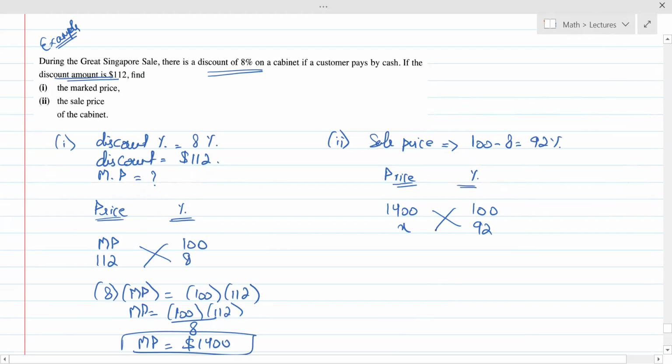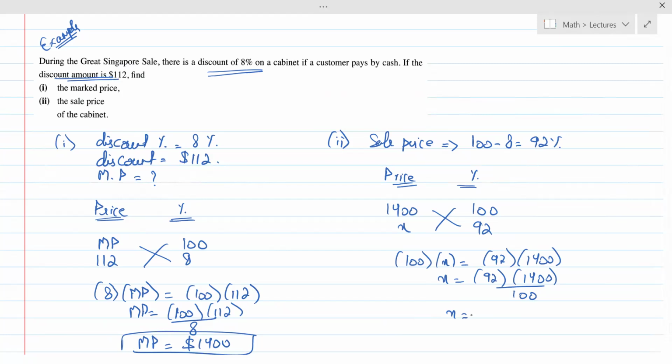We'll do the cross multiplication here, and it would give us 100 into X is equal to 92 into 1400. X would be equal to 92 into 1400 upon 100. This comes out to be 12,880.